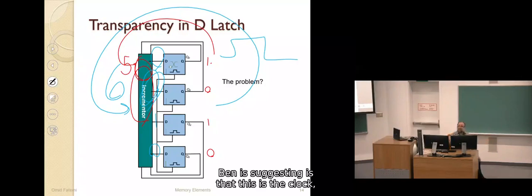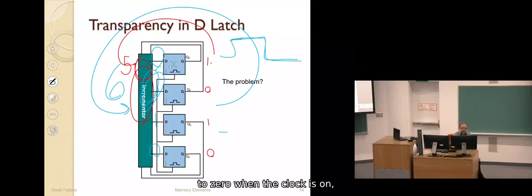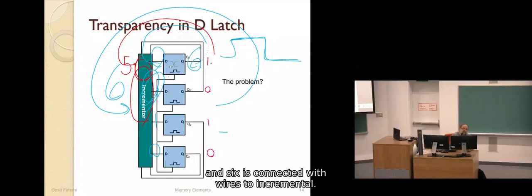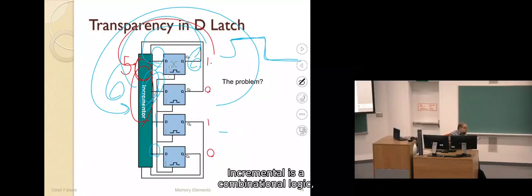What Ben is suggesting is that if this is the clock, the clock is 1 for a while and then goes to 0. When the clock is 1, the value of 6 is here, so 6 goes to the output. Because the clock is 1, 6 is connected with wires to the incrementer, which is a combinational logic.